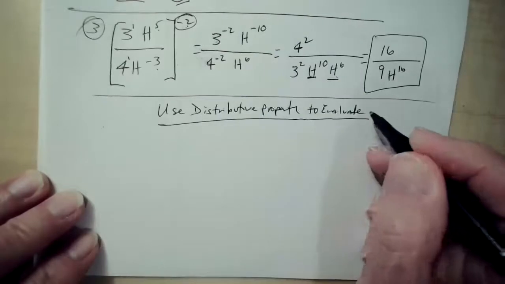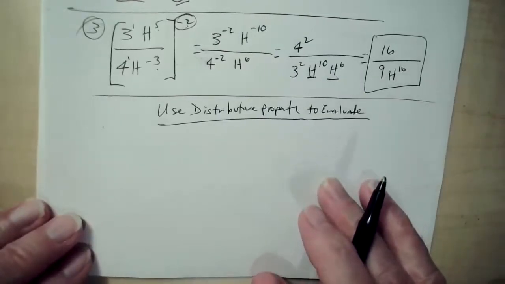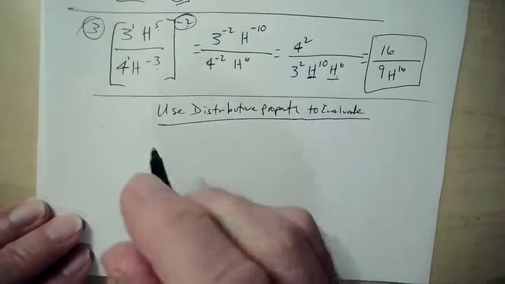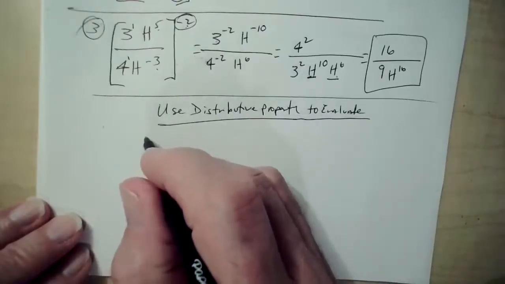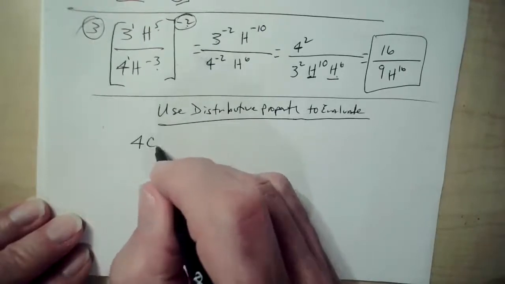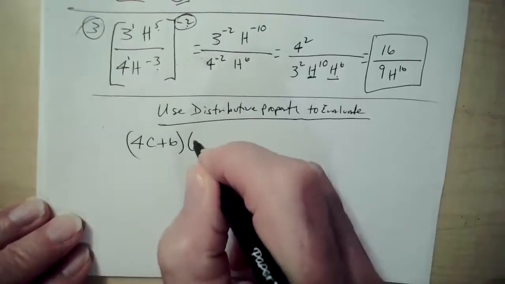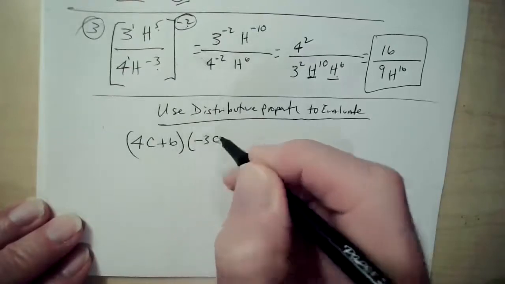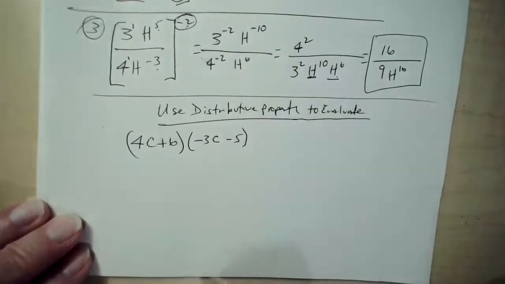I'm sorry to write like this, but this is what you're going to see on the final. 4c plus 6 times negative 3c minus 5.